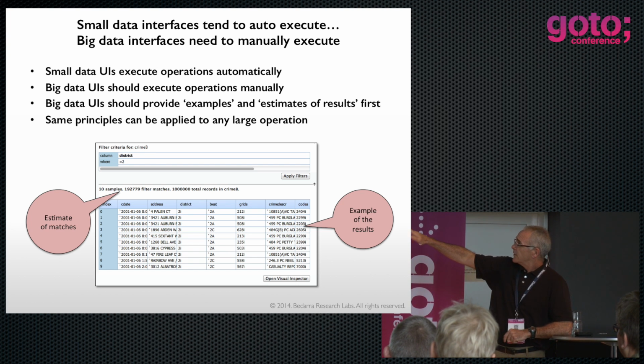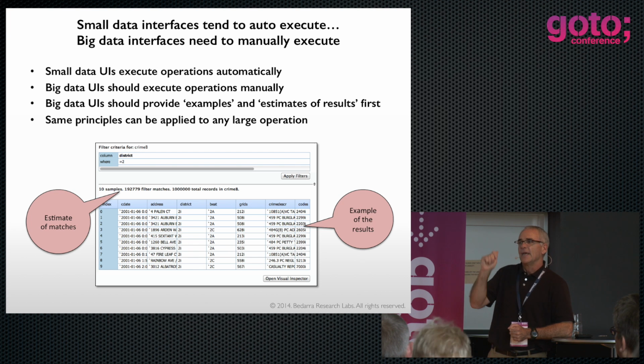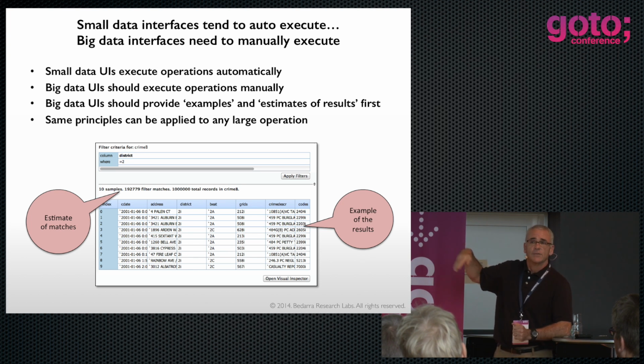So in other words, in this example, I've got approximately 192,000 matches out of 10 million. But I really don't want to do that query. I just want to sort of play around with it until I get it right, and then I want to execute the query. And it turns out that not a lot of interfaces are doing that sort of thing.